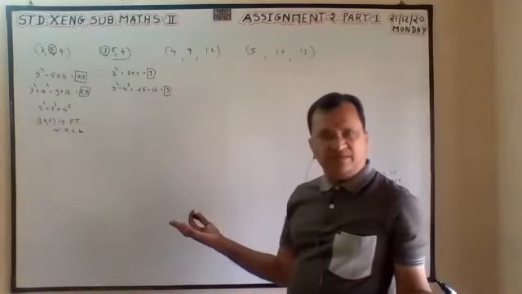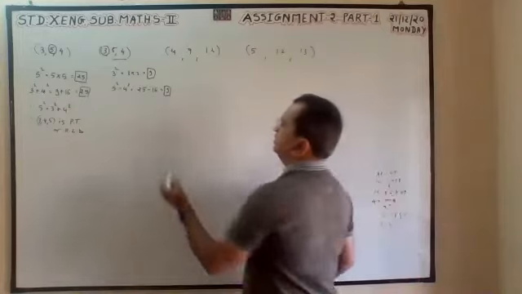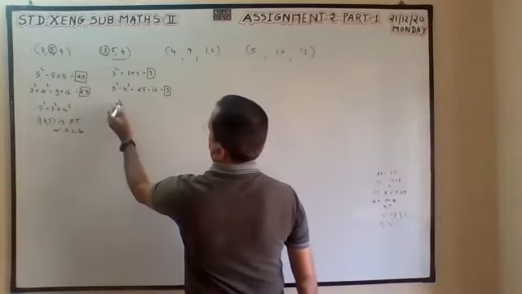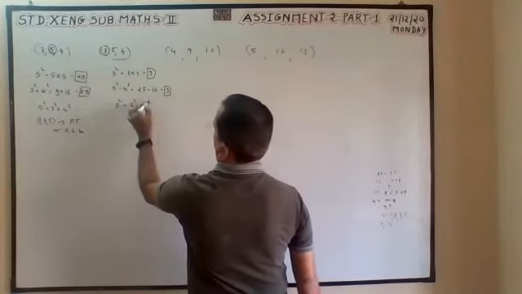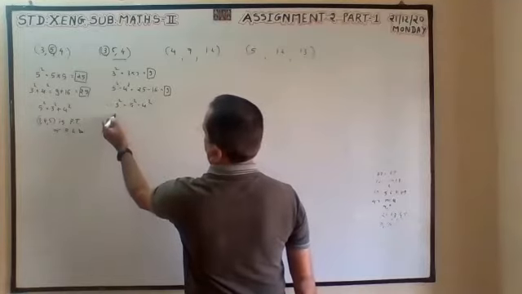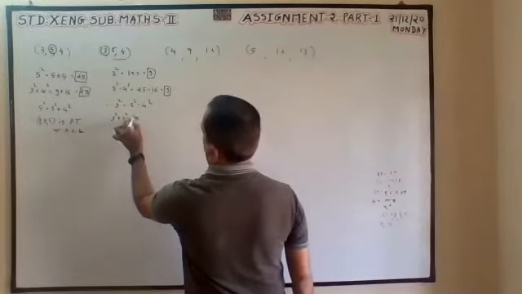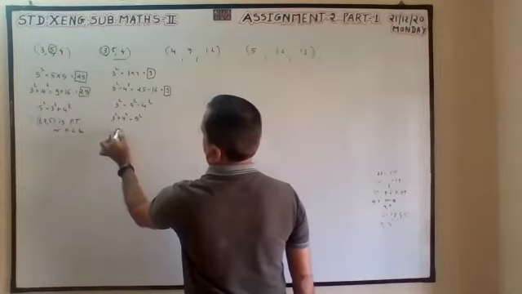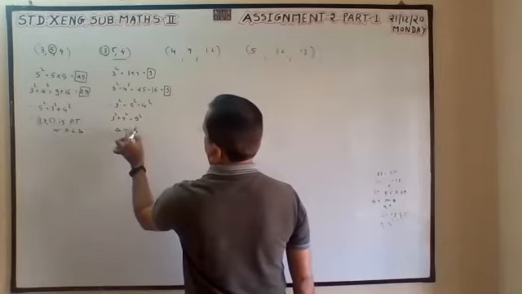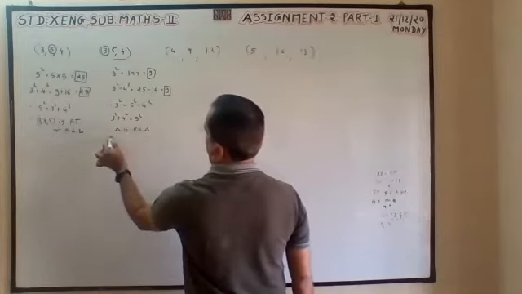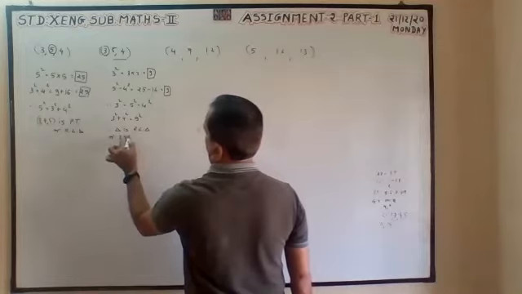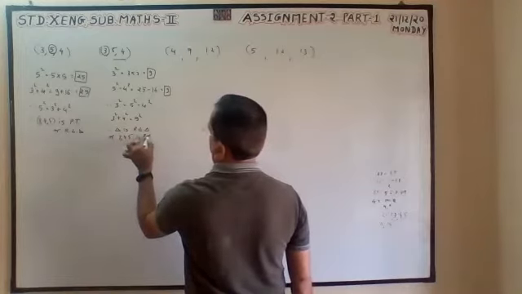So again both are equal. Therefore, 3 square is equal to 5 square minus 4 square. This comes to this side: 3 square plus 4 square is equal to 5 square. Therefore, the triangle is a right angle triangle or 3, 4, 5 is a Pythagorean triplet.